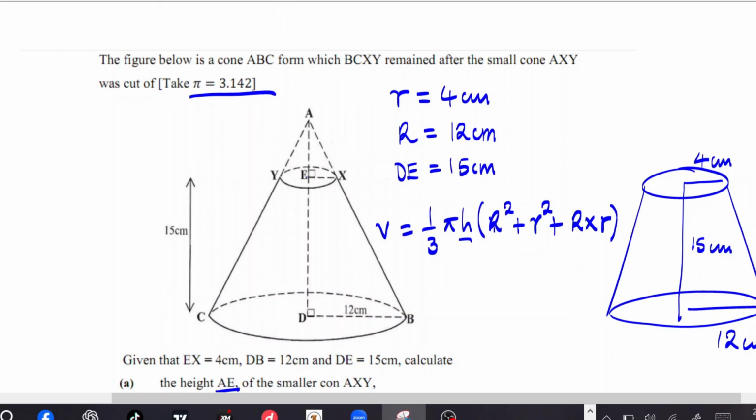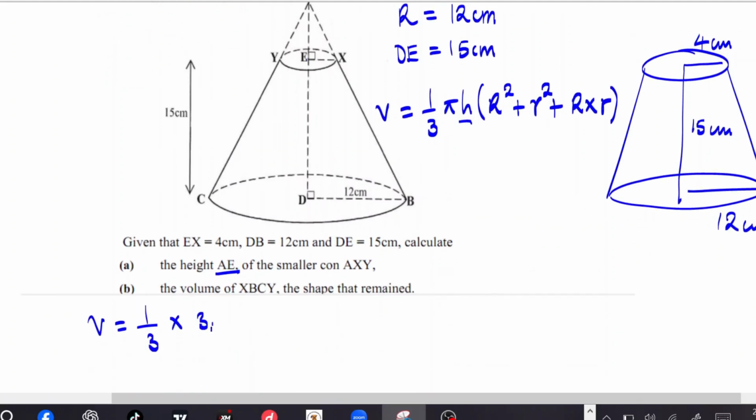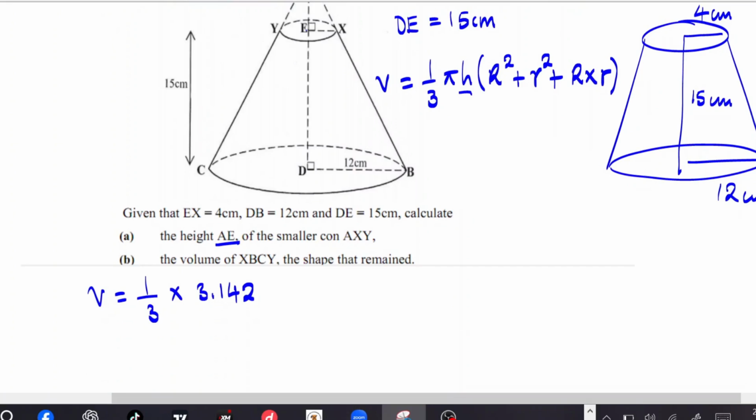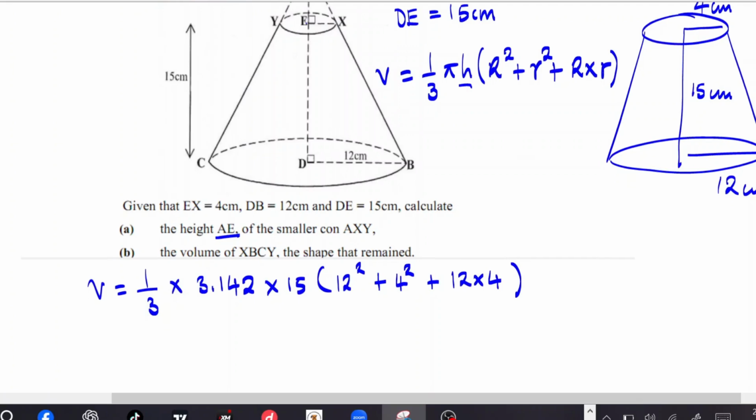Height is 15, then the big radius is 12, and the small radius is 4. So pi 3.142, then times height 15, then open brackets, the bigger radius is 12, so 12 squared, plus the smaller radius 4 squared, plus the bigger radius again, 12 times 4. Then you close the brackets.